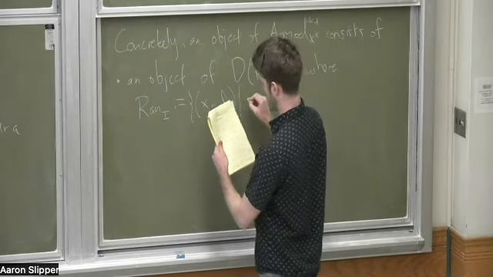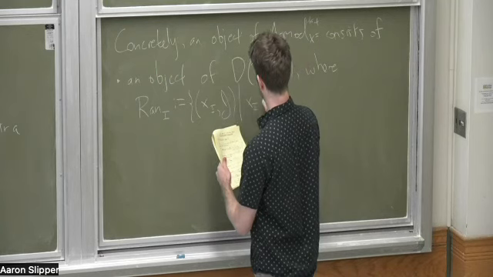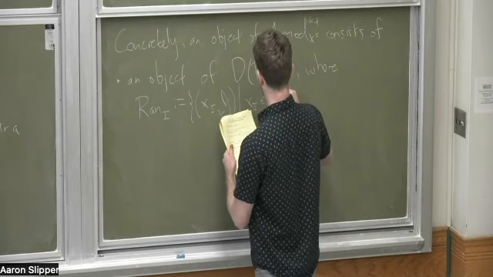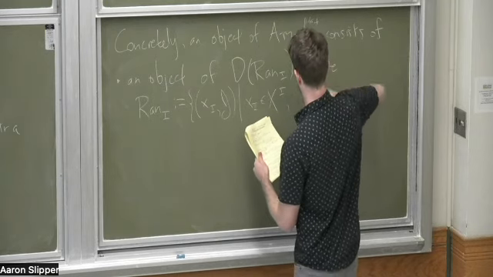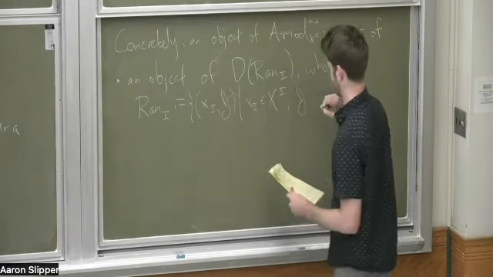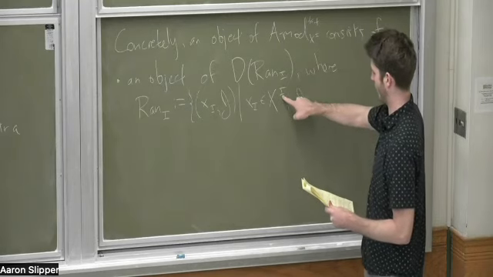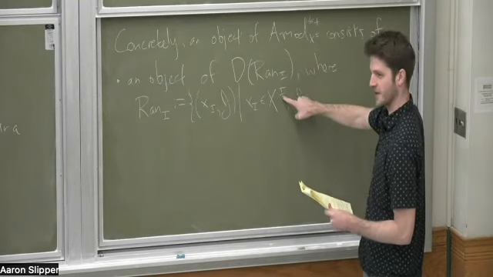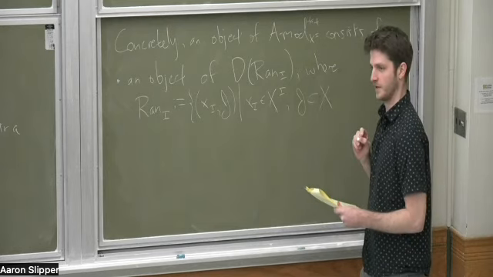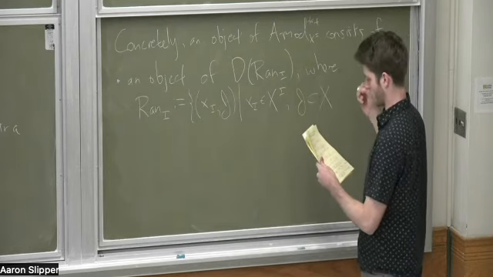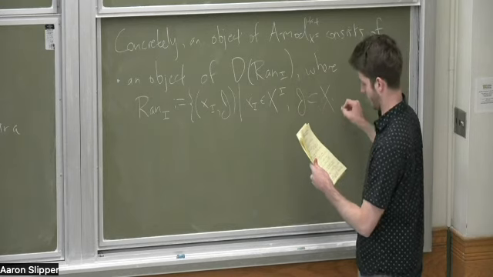So I'll write this as a pair: x_I is a point of X^I, and script J, I'm using a script letter to distinguish it from I, which is an abstract indexing set. The script letter indicates an actual subset of the curve. We differentiate between the index set and the actual subset of the curve.